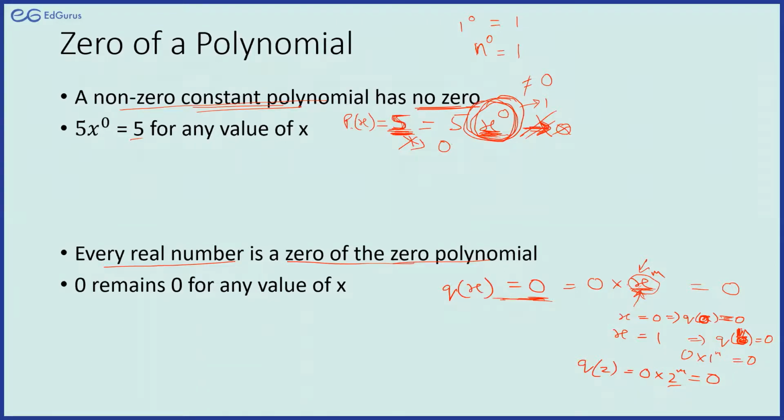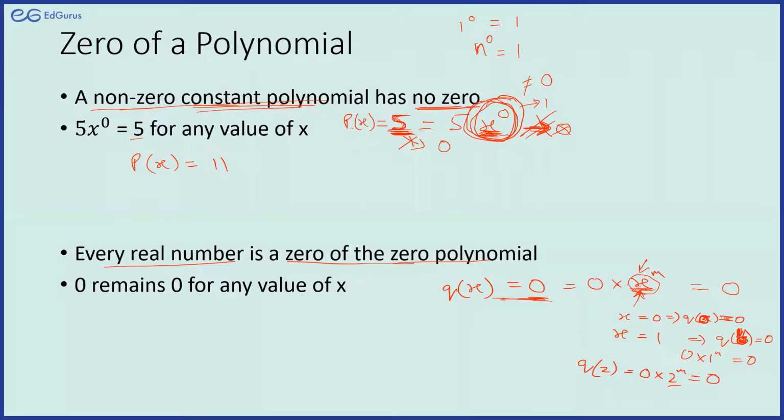What are we trying to say? Yes, ma'am. Suppose I have a polynomial p(x) is equal to 11. This is a constant polynomial, right? And it's a non-zero polynomial. Its value is not zero, it is non-zero. So it's a non-zero constant polynomial. Now, what will its zeros be?